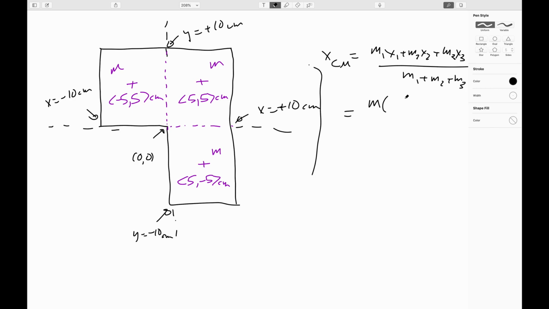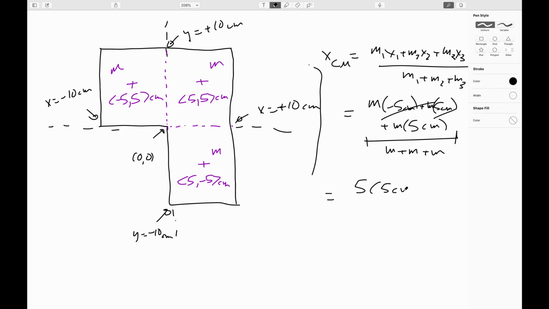The x coordinate of the first one here is negative 5 centimeters, plus m times this is 5 centimeters, plus m times another 5 centimeters, over m plus m plus m. All right, well, these two here are going to cancel. So we're left with m times 5 centimeters over 3m. Cancel, cancel. The x coordinate is plus 5/3 of a centimeter.